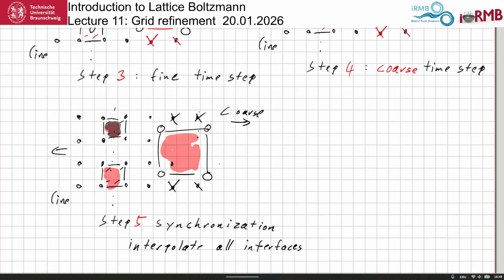So they will all be refilled. And then what we can do, I apparently can't use this tool here. Then we return to step 1.